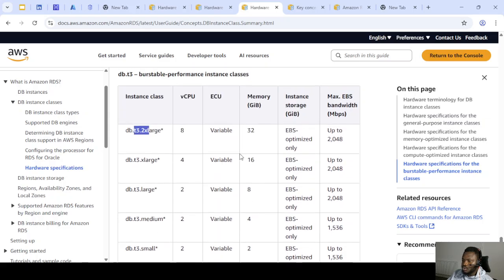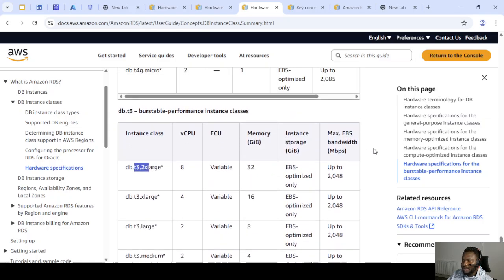So now, going in depth into burstable instance classes, guys. Memory optimized instance classes and general purpose or standard instance classes are straightforward. Memory optimized instance classes have more memory resources than compute, right?